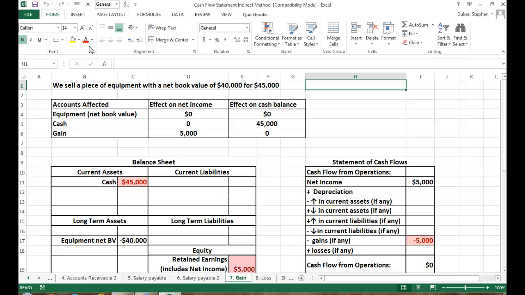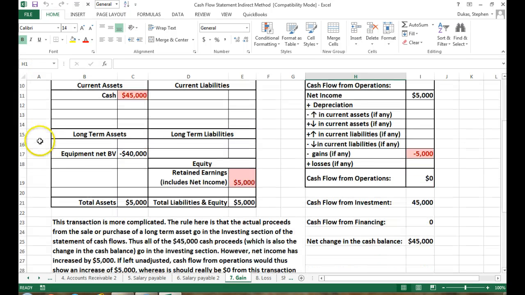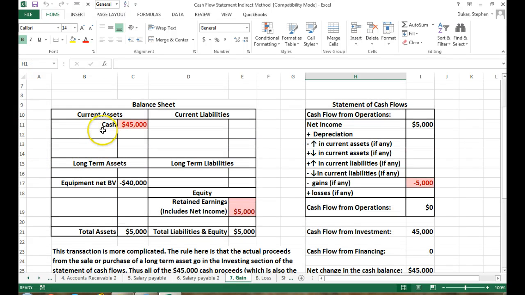Okay? On the balance sheet, what's happened? Cash has gone up by 45. Equipment, the net book value, has gone down by 40. So total assets have gone up by 5. Equity has also gone up by 5 because of the gain.